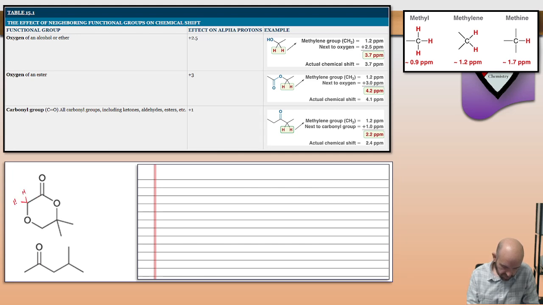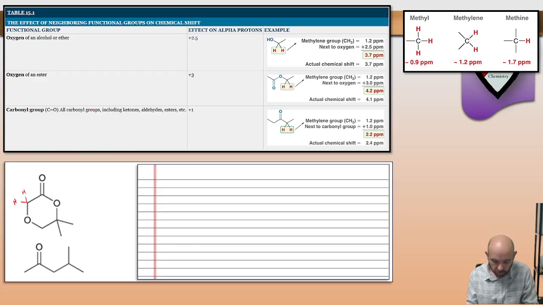So we want to see, can we determine what the chemical shift is on, for instance, this pair of hydrogens that I've drawn in. And the way we do that is we see up here in the top right corner that this would be a pair of methylene protons, because it's two, so it's a CH2 pair of protons with R groups on either side of the carbon there.